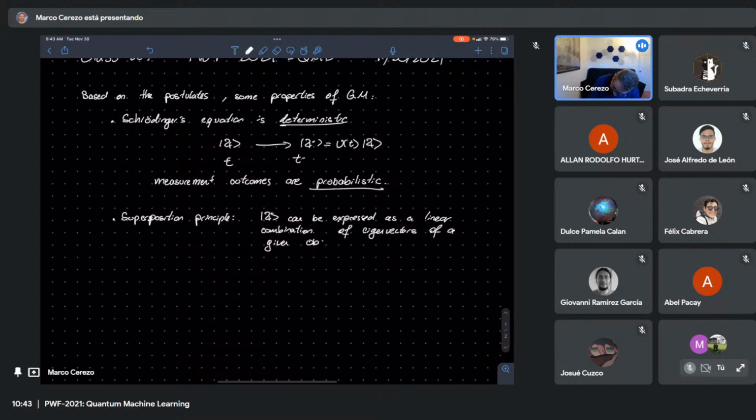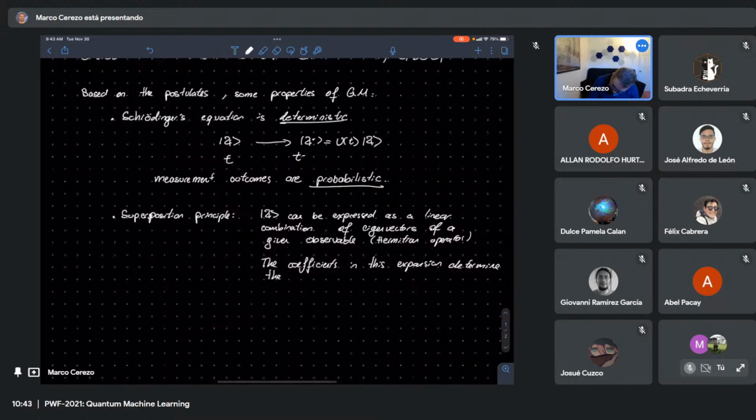And we already know that an observable is a Hermitian operator. And the coefficients in this expansion determine the probabilities of the measurement outcomes.